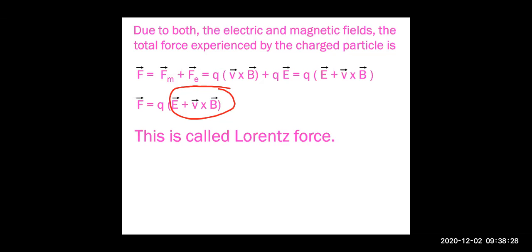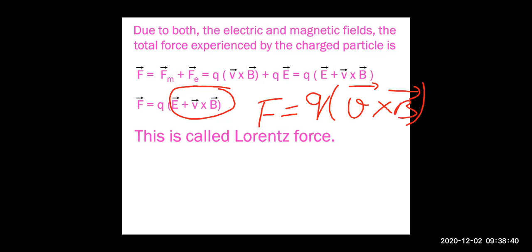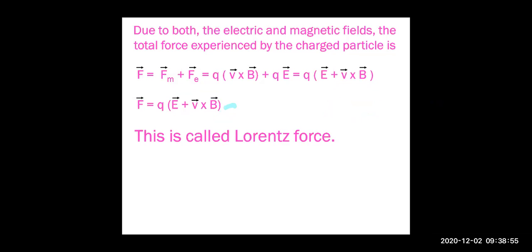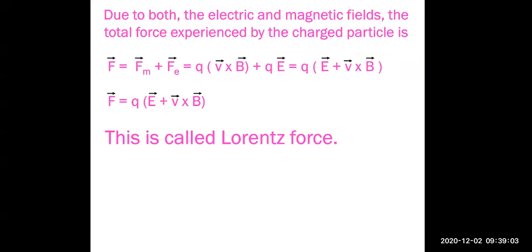This also we had seen in the last class. If you remember, we had done F equals to QV cross B, right children? So this is QVB sine theta. And if they are perpendicular to each other, then the Lorentz force becomes zero. The entire Lorentz force becomes zero, but only for the particle which is moving with a particular velocity. Let's see what it is.